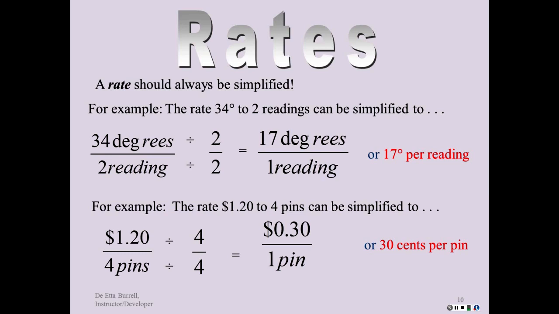So rates are ratios with different units of measure. And in this class, you can write them 4 different ways instead of just 3. You can write them in fractional form. You can write them with a colon. You can write them with a to, or you can write them with per. Okay?